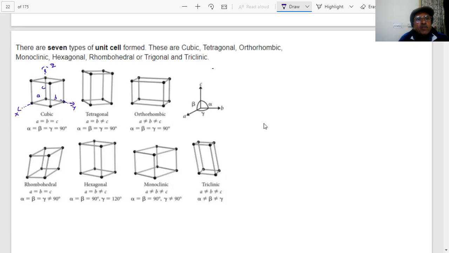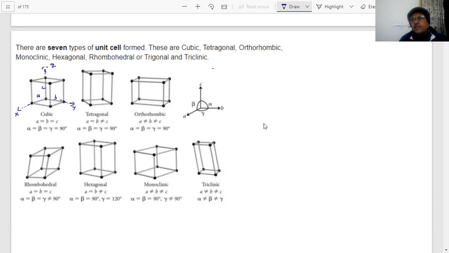Cubic to tetragonal, as you can see, what has happened here? a is equal to b, but c is not equal to a and b. But the angles are still alpha, beta, gamma equal to 90 degrees. After this, there is orthorhombic.